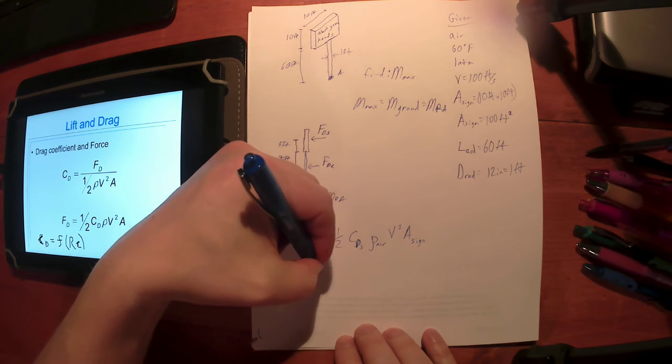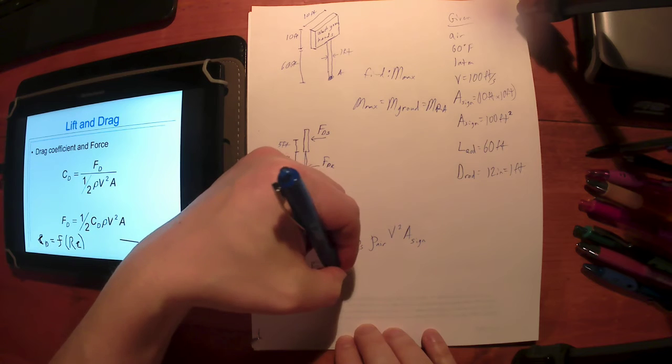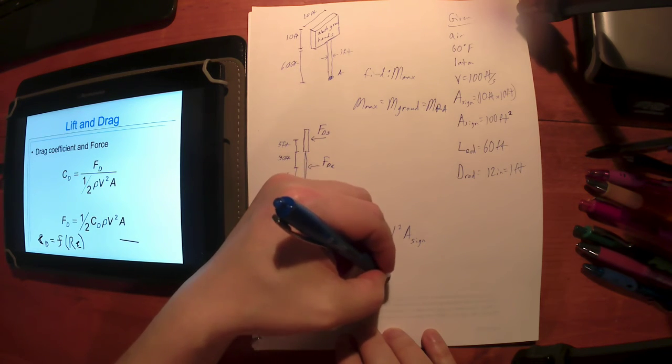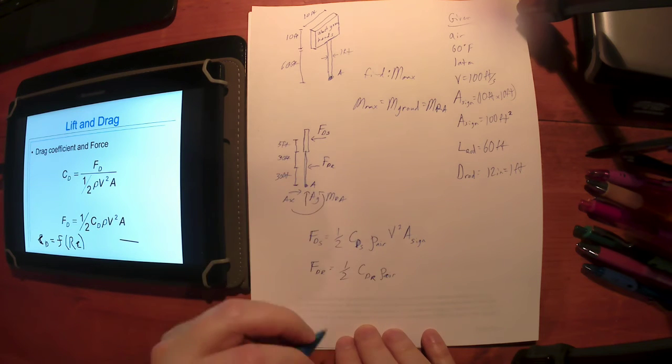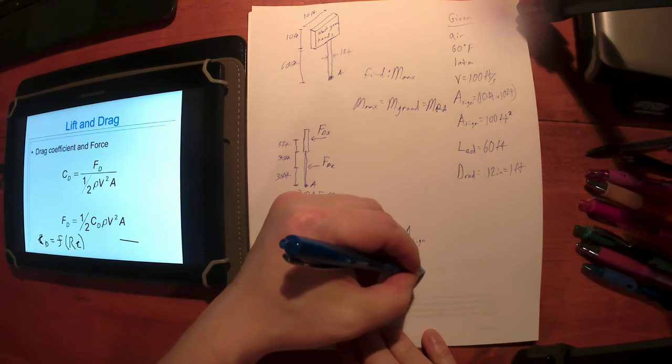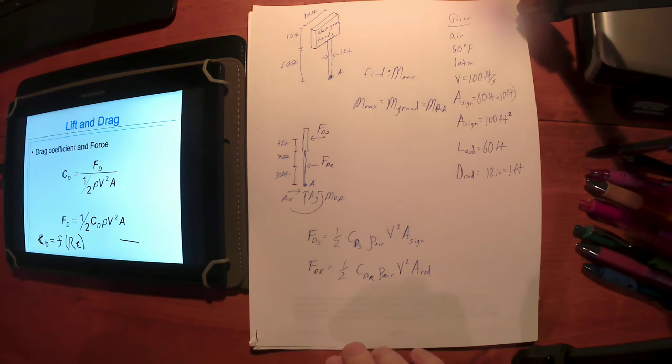And the drag force on the rod is going to be 1/2 the coefficient of drag for the rod times the density of the air, not the density of the rod, the density of the air, times the speed of the air squared, times the area of the rod facing into the air there. Okay, so far so good.